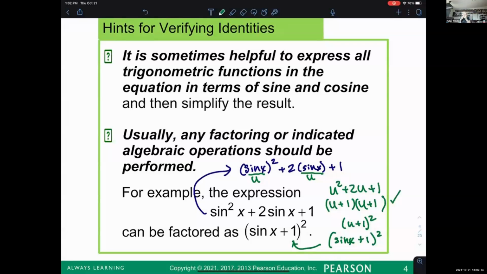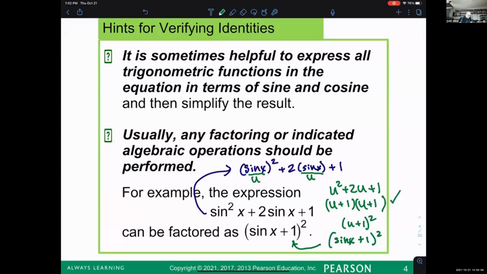So they don't even tell you to look at it that way, and you don't have to look at it that way. But that's the idea of what's going on when they say this expression can be factored like that. They didn't show it being done. They didn't make it look like a polynomial, which is the kind of stuff you factored before. And so sometimes some of these details will help you see what they're talking about.